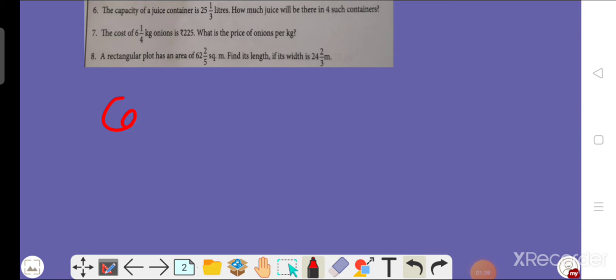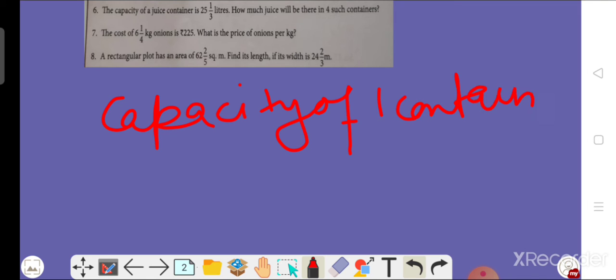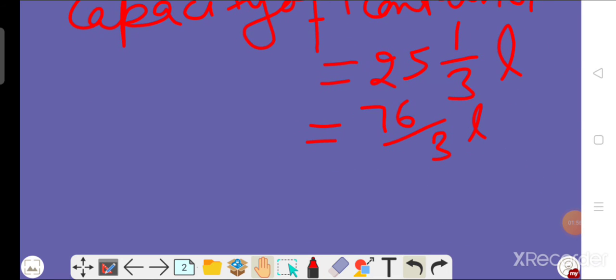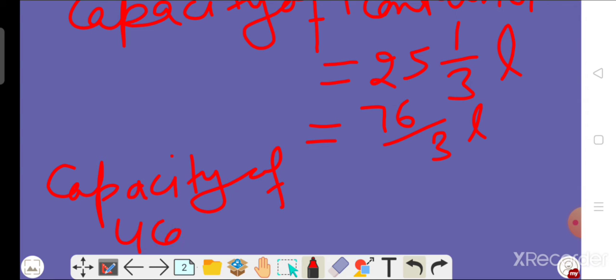So the capacity of one container is equal to 25 1 by 3, and this is equal to 76 by 3 liter. We have to calculate the capacity of 4 containers.